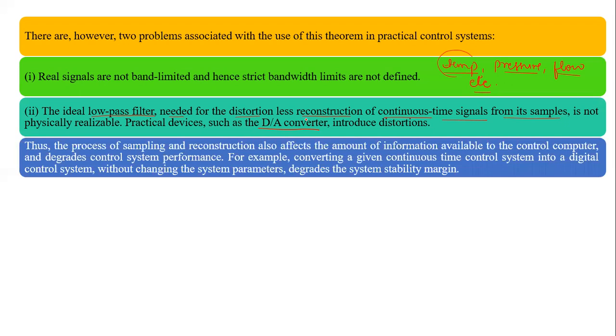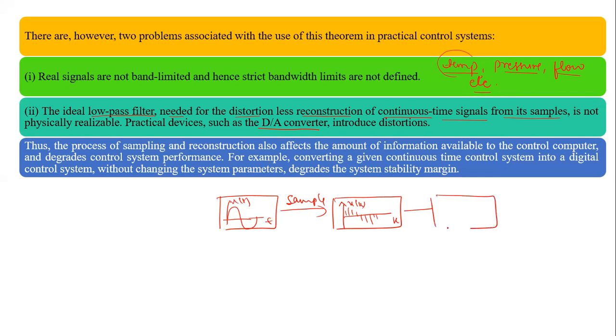So the process of sampling means there are two things. One is we have the analog signal, for example, let us say a sine wave. We sample it, we convert this into some sequence like this: k, xk, t, xt, and then we process it. We get some digital output.